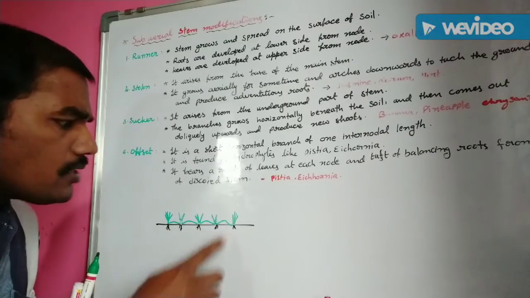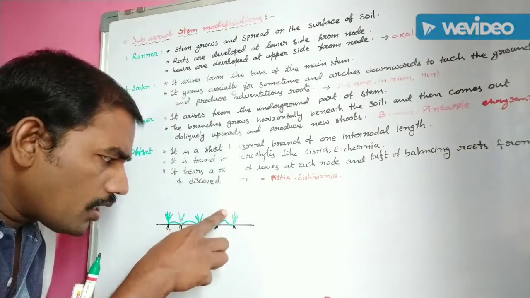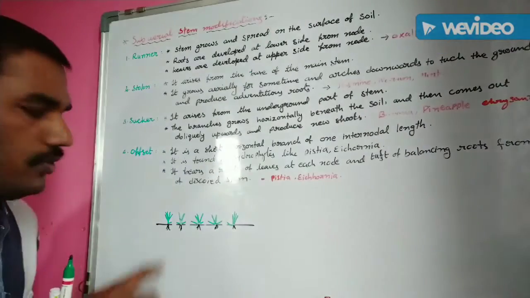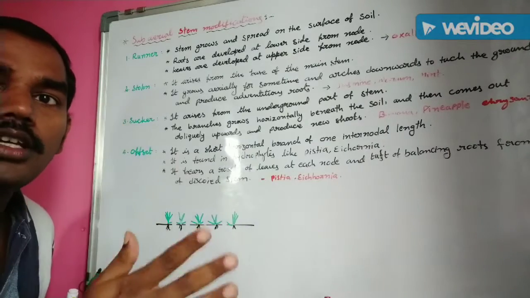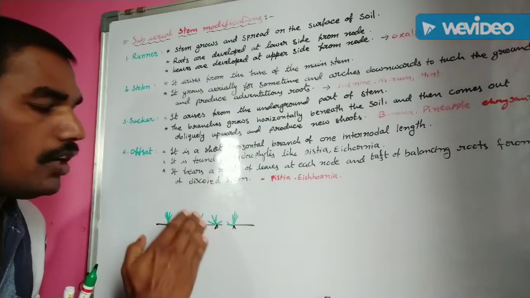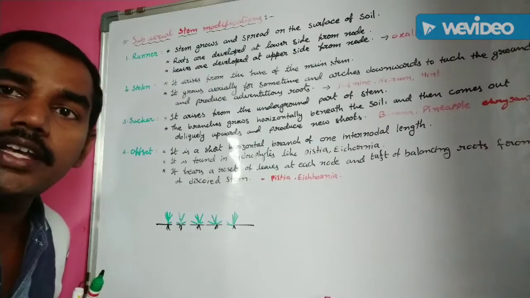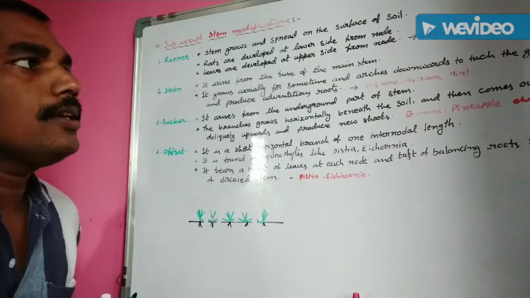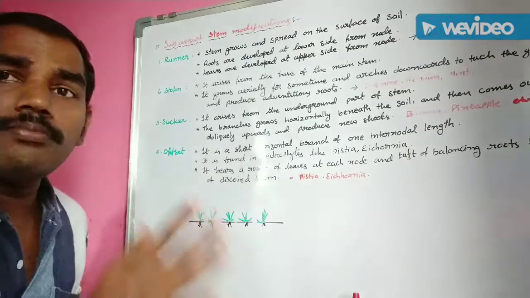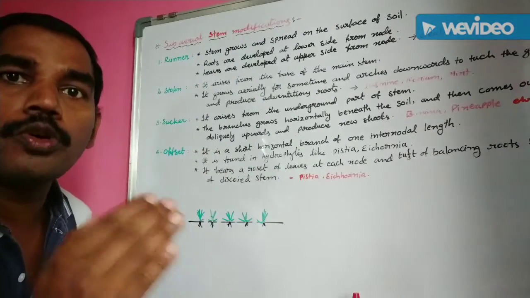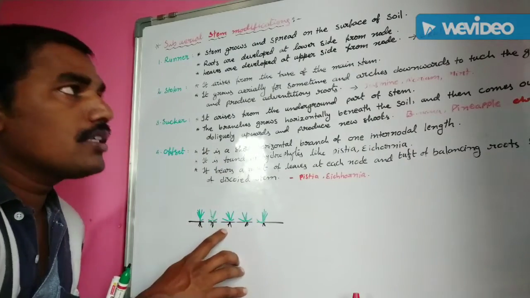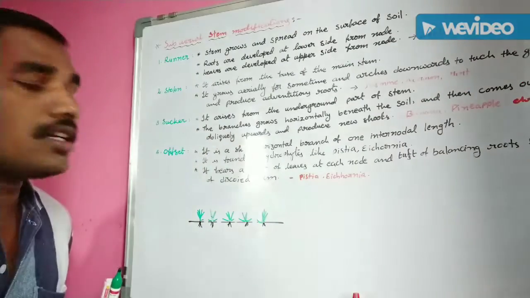If this internodal region is cut, the node is separated and lives as an individual plant. So this runner is mainly helpful for vegetative propagation. Every nodal region has advanced roots developed.